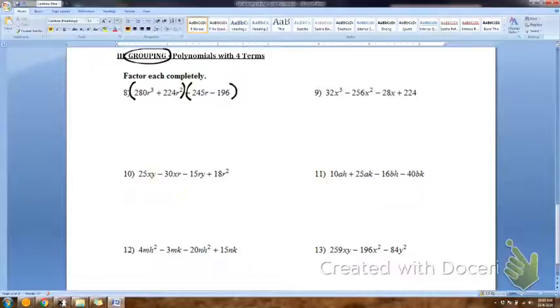Well, out of 280 and 224, let's use our calculator. Let's see what we can factor out. Okay, let's see if we can divide 280 and 224 by 28.